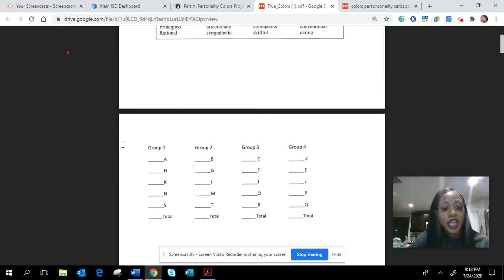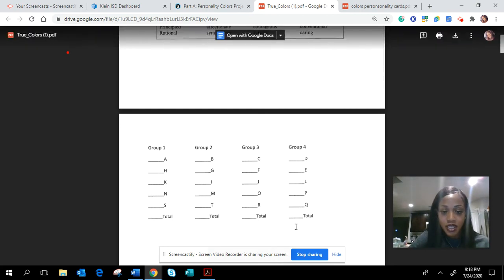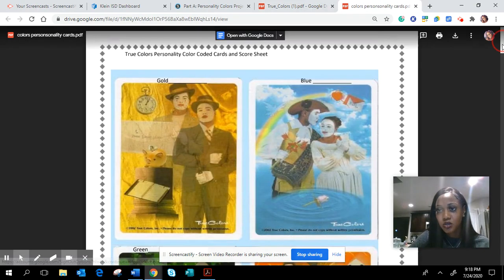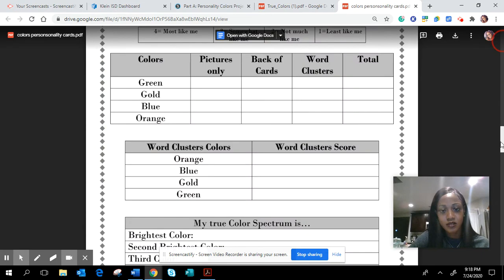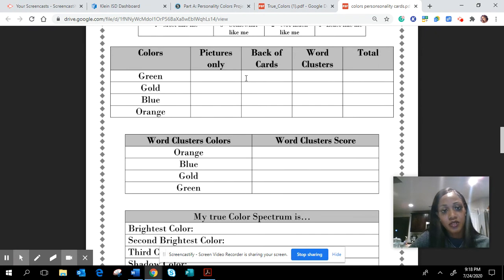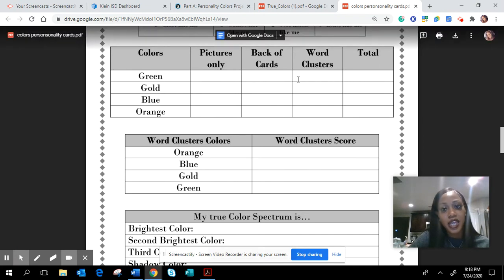Okay, so whatever those total numbers are here, you are then going to put those here where it says word clusters. Word clusters is going to go here, but it's also going to go here. So it's going to go in 2 different places. Now, you're going to have a set of numbers here that's all going in the green category.